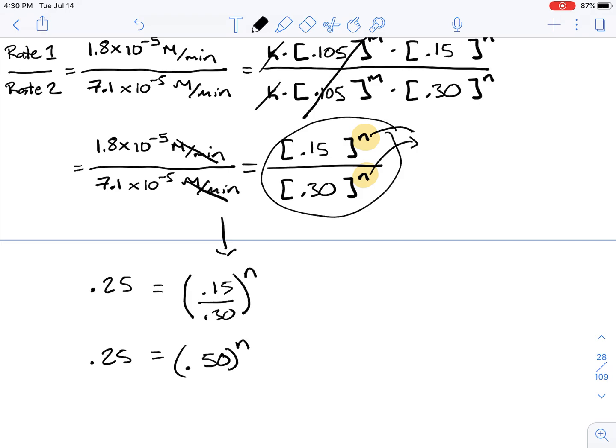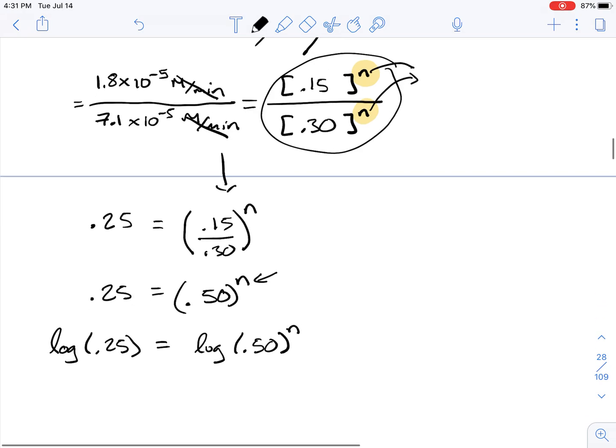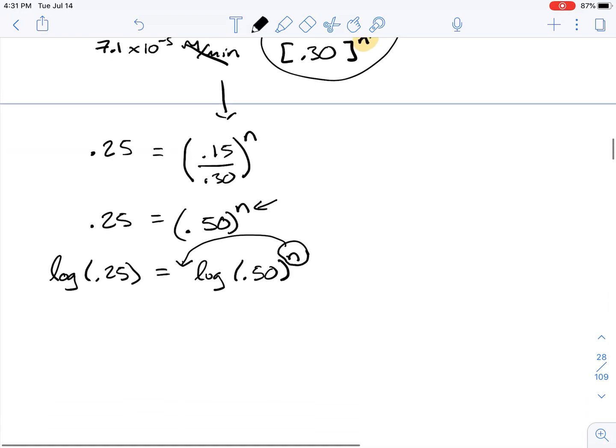Now at this point, to solve for n, you want to take the log of both sides. So here we're going to take the log of 0.25, which is equal to the log of 0.50 to the n. The reason we're using the log property is because it enables us to take this exponent and put it in front.